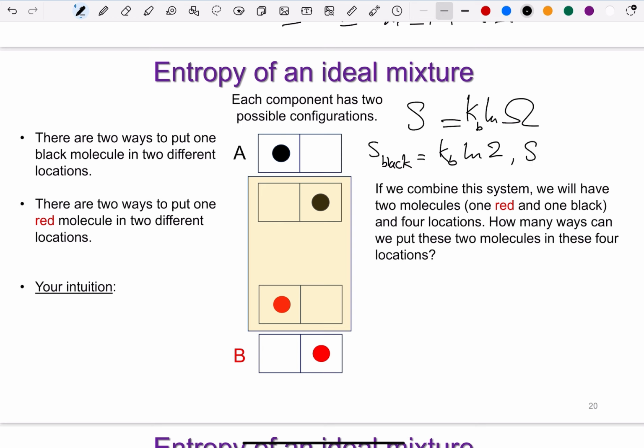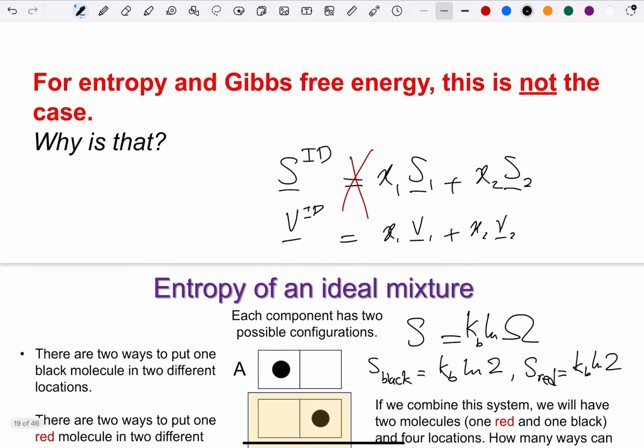Similarly, I can write the same thing for the red. There's nothing different. For the red one, I have also two positions. So it's going to be Kb ln 2.